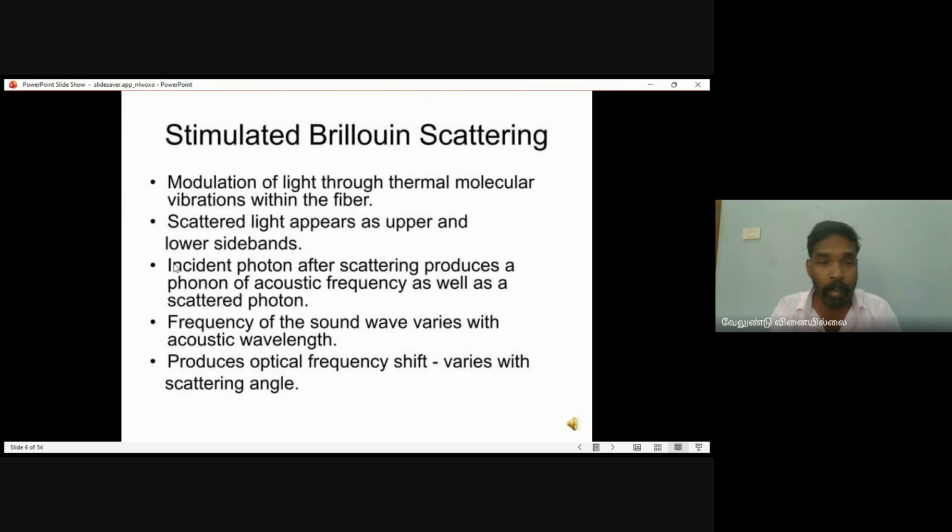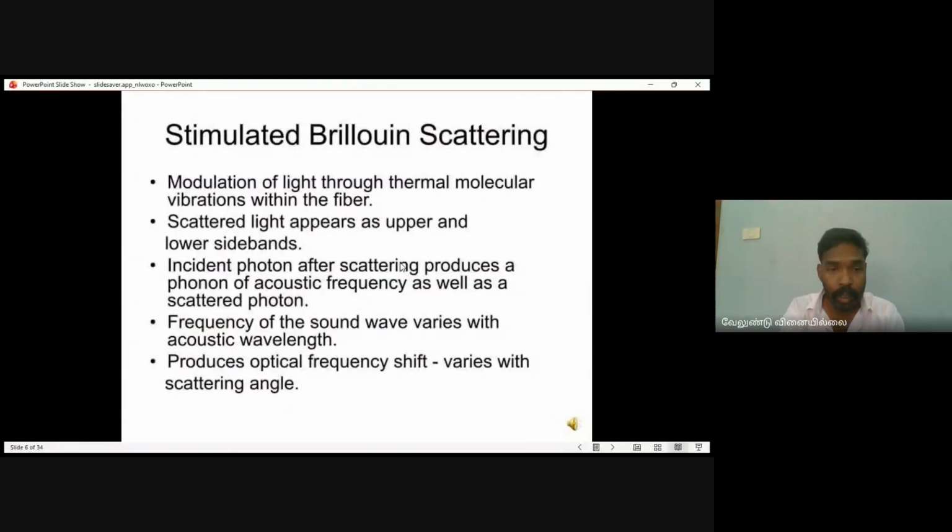Are annotations possible? Just a moment. Okay, only the cursor is possible. I think you can see my cursor.